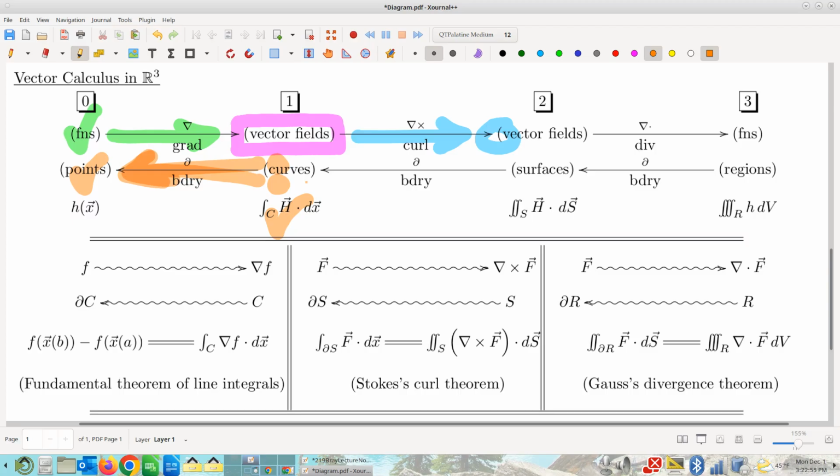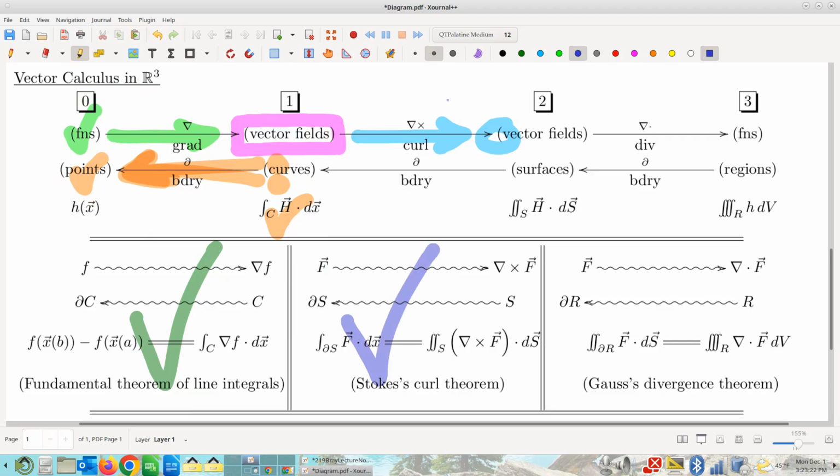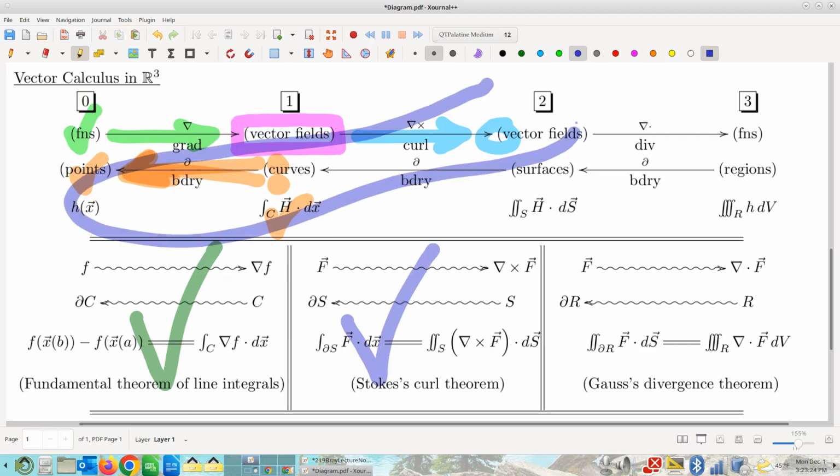Furthermore, I've claimed that curl being 0 is the local test. When the curl is 0, that's how you know a vector field is path independent and likewise is a gradient. How do we know these things? Check back through the notes. We used this theorem to prove that connection, and we used this theorem to prove that connection.